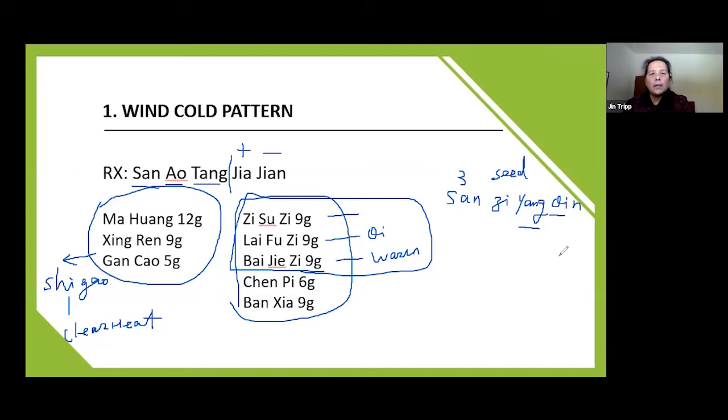For aging people, they easily get cough and phlegm problems, so that's added here. And 陈皮 and 半夏 resolve phlegm. So that's our formula.